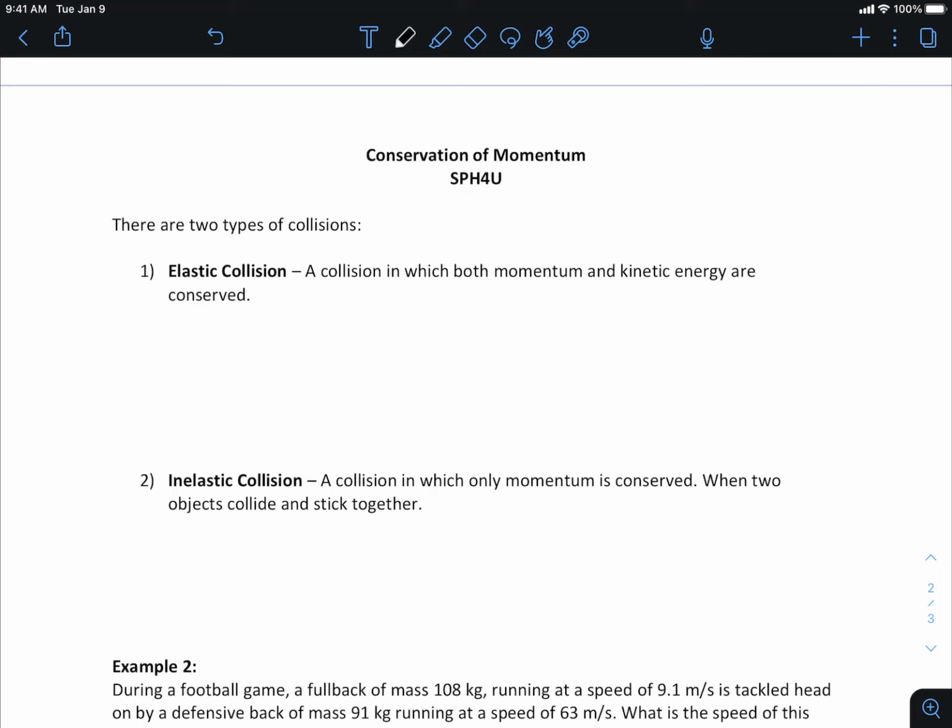Now we can write out our two laws that hold true for these instances. Conservation of momentum is valid here: M1 V1 plus M2 V2, initial, has to equal M1 V1 prime plus M2 V2 prime.